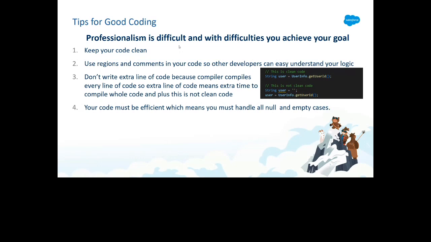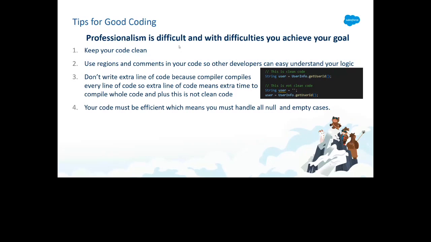The second point, as I mentioned, is use regions and comments in your code so other developers can easily understand your logic, because there are a lot of methods to do one logic. Let's say developer A is working on an XYZ logic, and with the passage of time, he leaves that company, and a new developer comes in.